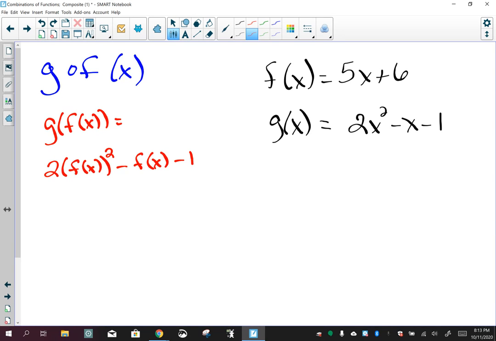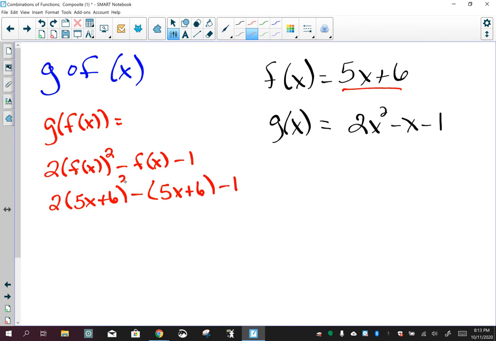So everywhere I see an f of x, I'm actually going to substitute this piece in here. So 2 times 5x plus 6 minus 5x plus 6 minus 1.